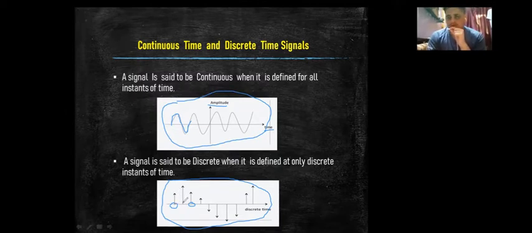As we all know, the longer the arrowhead, the higher the amplitude. But the main thing is that we are not getting a continuous graph, since it is only defined at discrete instances of time. So that's basically continuous time and discrete time signals. Now let's get into the next type.